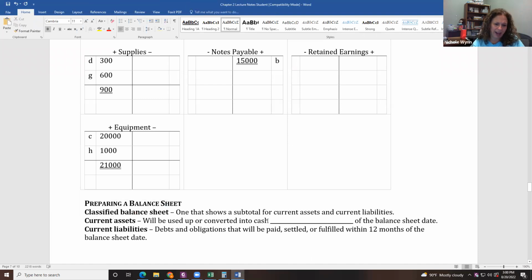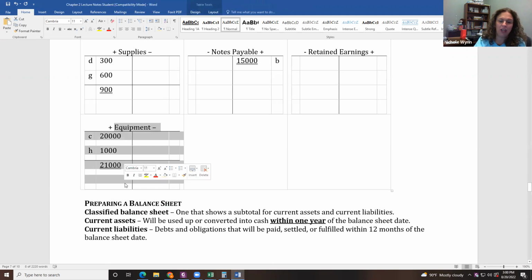A current asset is one that will be converted into cash within 1 year. It's going to be used up within 1 year. So if I buy supplies, I'm going to use them up within a year. But non-current assets last longer than a year. And the best example of that is PPE. Property, plant, and equipment lasts longer than a year. If you buy equipment, it lasts longer than a year.